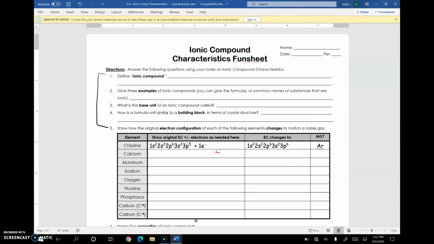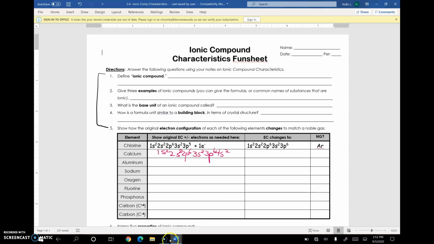We are going to put down everything. 4s2, that's calcium's configuration, and then 3p6, 3s2, 2p6, 2s2, and then you're going to put 1s2. Remember these little numbers up here, superscripts, these are the number of electrons.